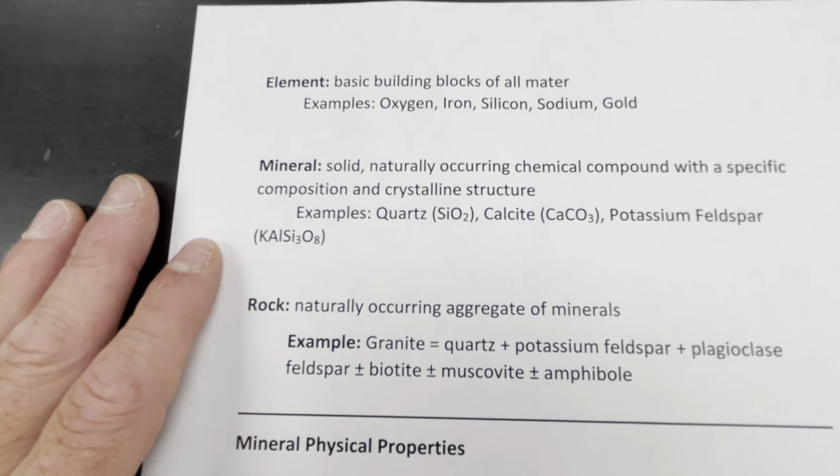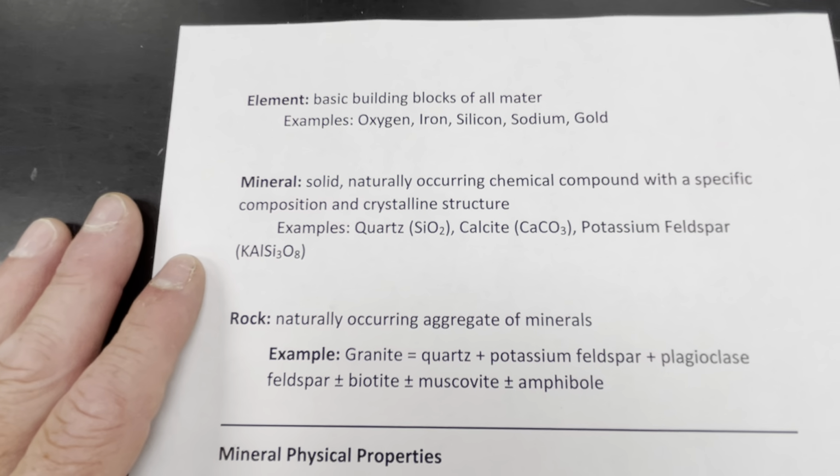So that's what an element is. You probably knew that already. A mineral has a specific definition. If we take combinations of elements, what we might call chemical compounds, they have a specific composition and a crystal structure, but they're also solids, and they occur in nature.